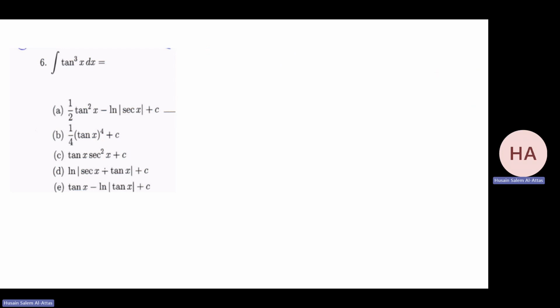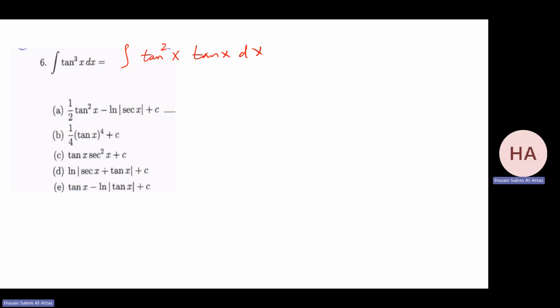Thank you. Tan is odd. Yeah, this is very easy because it will be tan. Tan is odd, so I can make it tan square x tan x dx. Okay.